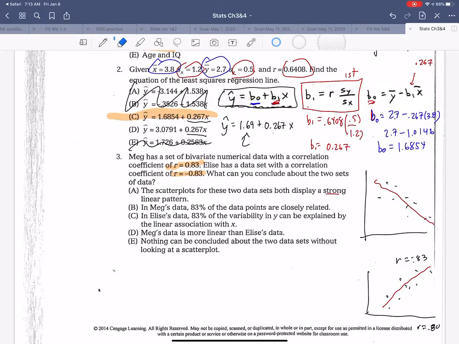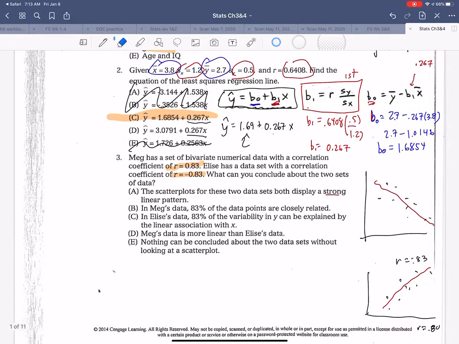In Meg's data, 83%... No, that's the R squared value. Or actually, this is bad wording. In Elise's data, 83% of the variability... No, that's R squared. Meg's data is more linear.